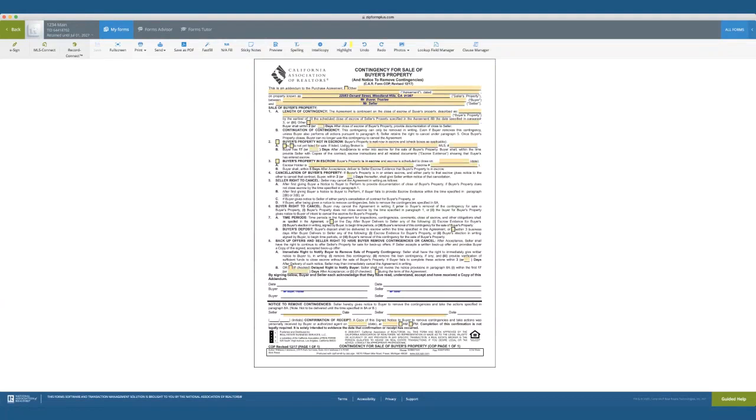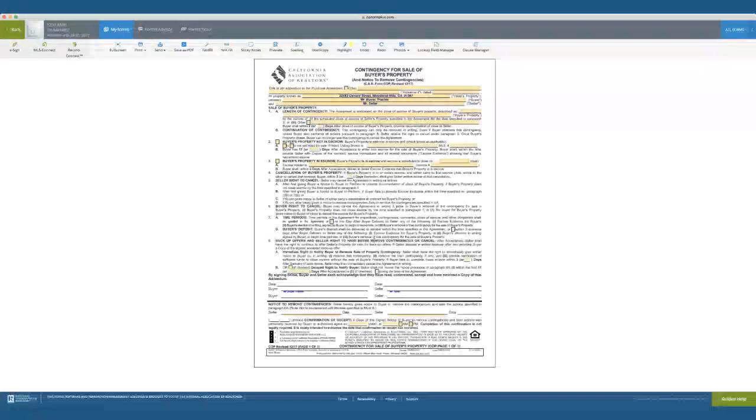You do not remove that contingency. What you remove, and you make it very clear, is the buyer's getting into escrow on a property. You're not removing the contingency. The contingency stays in effect for the entire period until that property closes.